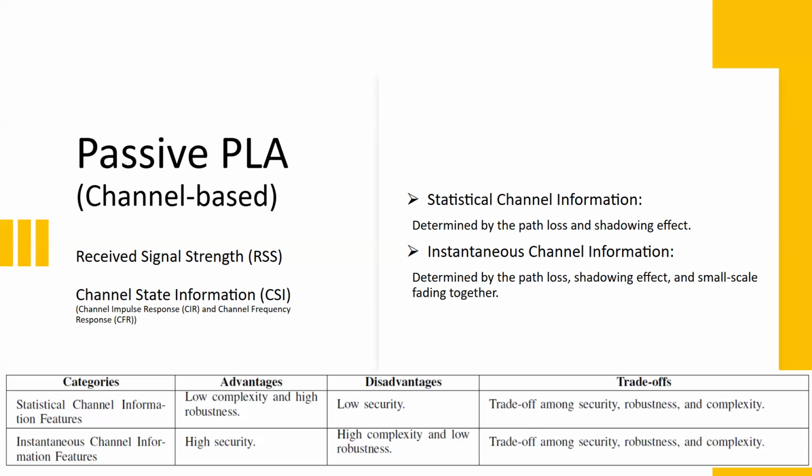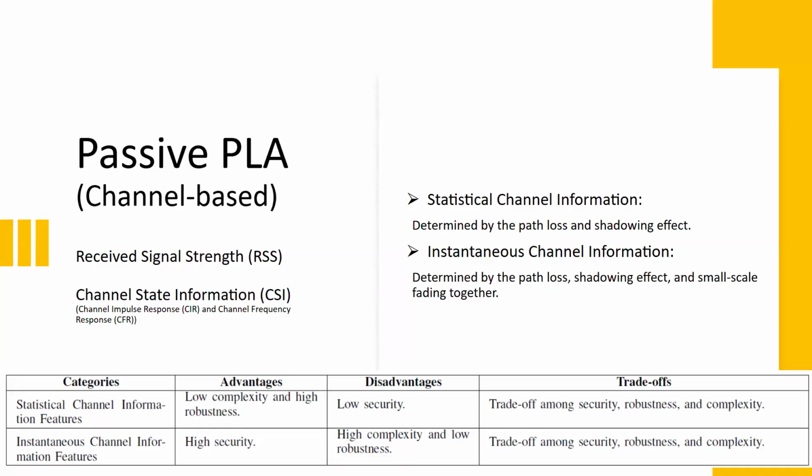So if we were to compare statistical channel information and instantaneous channel information features, you can say that the statistical has low complexity and high robustness. Instantaneous has lower robustness but higher security.